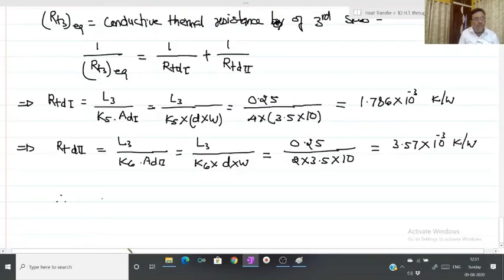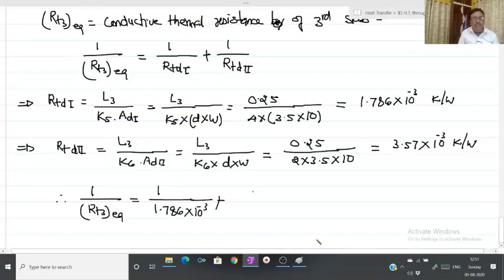Therefore, equivalent thermal resistance of slab 3, RT3 equivalent, will be equal to 1 over RTD1, that is 1.786 into 10 to power minus 3, plus 1 over 3.57 into 10 to power minus 3, isn't it?